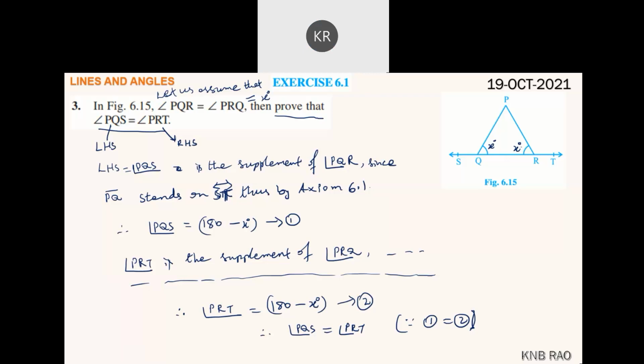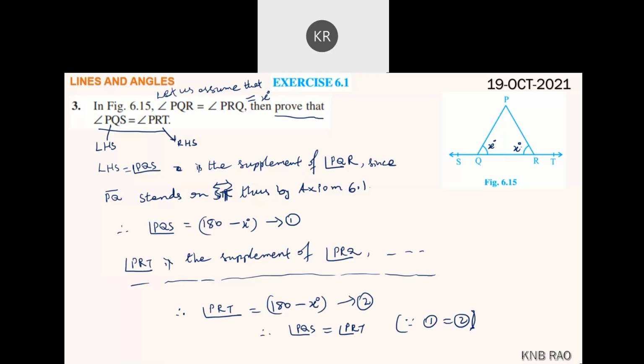There is another Euclidean postulate: two things equal to the same thing are equal to each other.